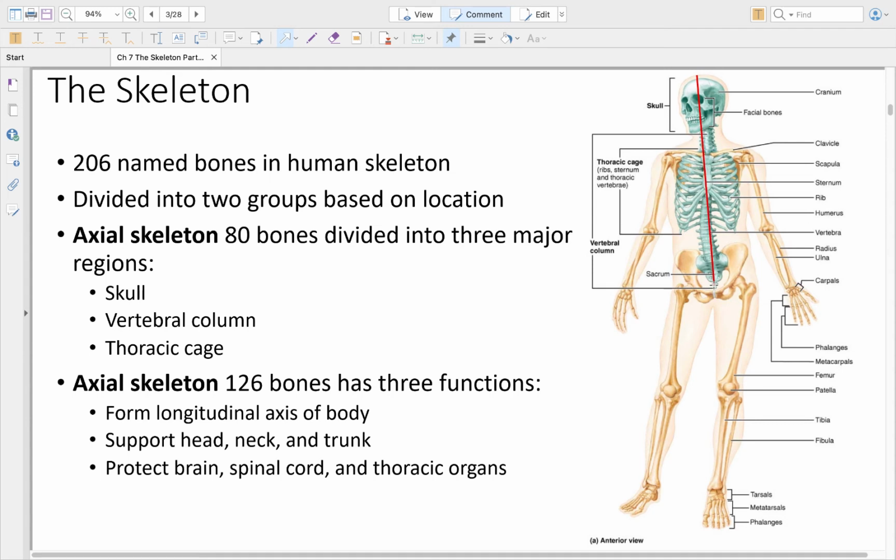Okay, and then we have 80 bones in this region. 80 bones that are divided into the bones of the skull, the vertebral column, and the thoracic cage. Okay. The appendicular skeleton is going to make up the bones of your limbs, your upper limbs and lower limbs.